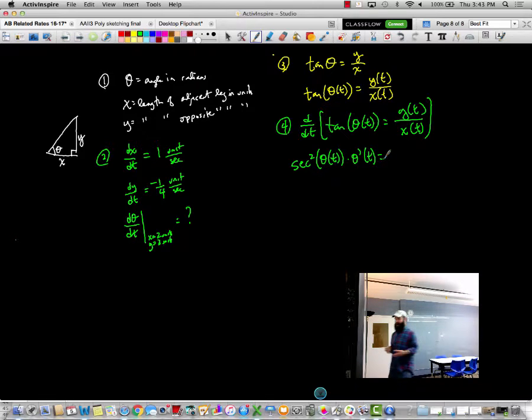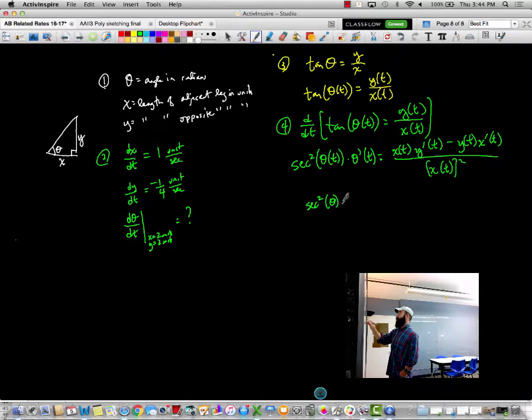And then on the right-hand side, it's quotient rule, which is low d high minus high d low, over low squared. Now, the derivative has been taken. I'm going to switch it back to Leibniz notation. And that takes us through step 4.